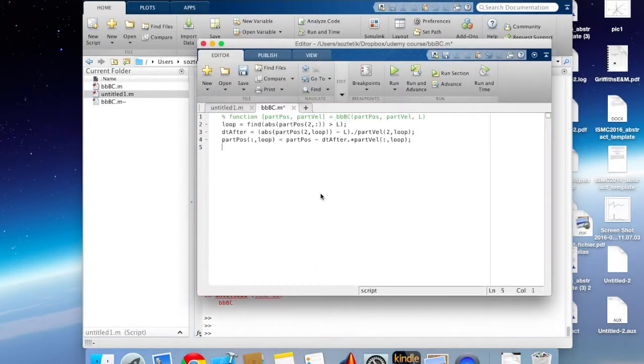Now, you need to move these particles. You need to invert their velocity. We actually need to invert the velocity only in the y direction, which is minus part vel two loop.